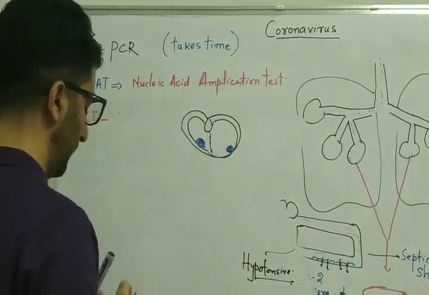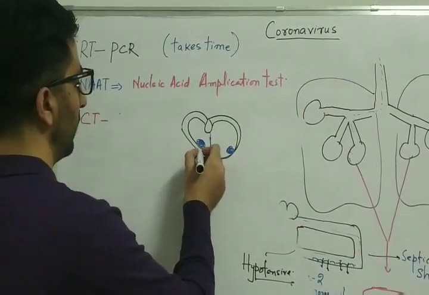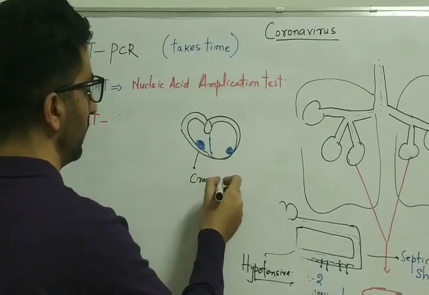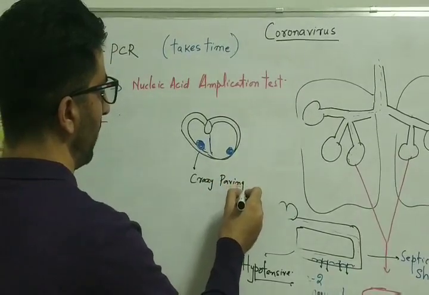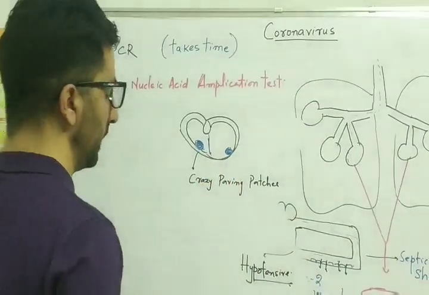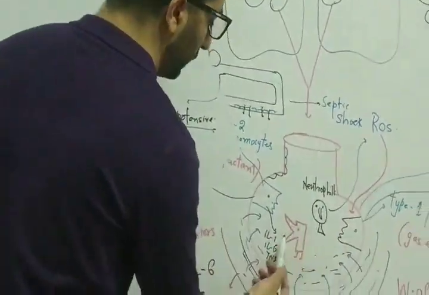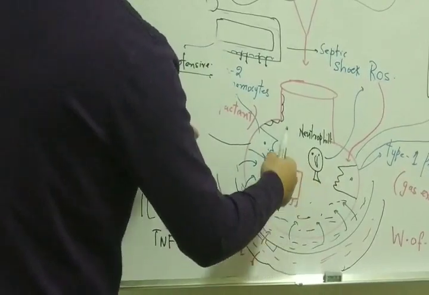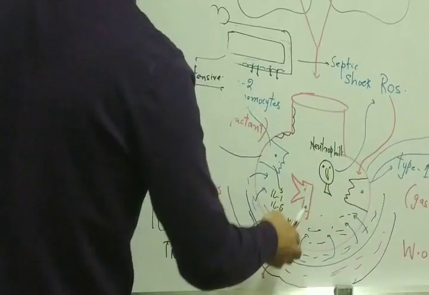These patches are called crazy paving patterns. And we see the consolidation. What is consolidation? Consolidation is when the neutrophils, macrophages, and interleukins, all this fluid, come into the alveoli and collect in the center, forming the consolidation.